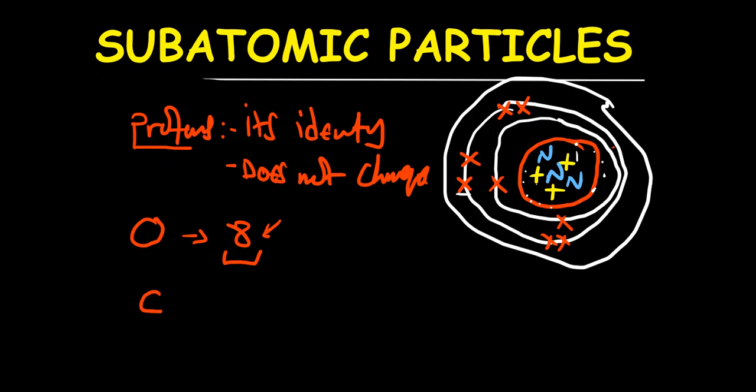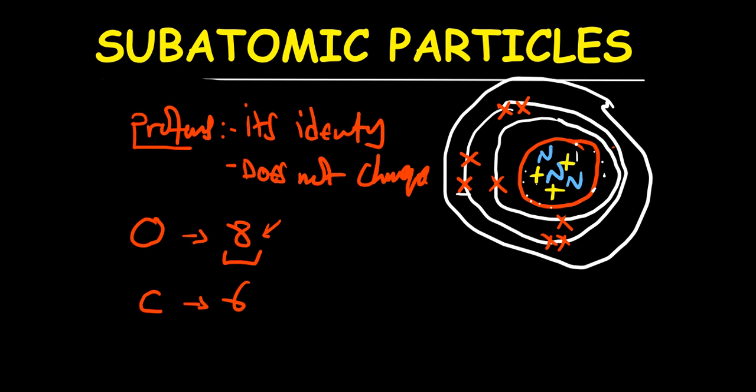Carbon has 6 protons, meaning that you will never find another element with 6 protons. It is just carbon. So whenever you are given an element and they tell you that element has 6 protons, just know that that element is what? Carbon. So the proton number does not change, and it gives the element its what?